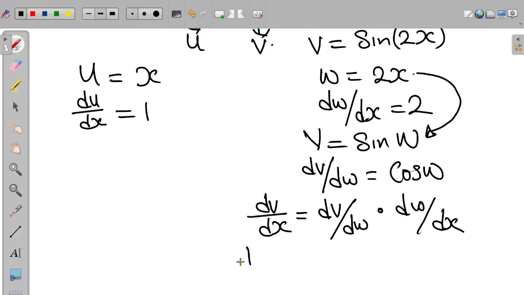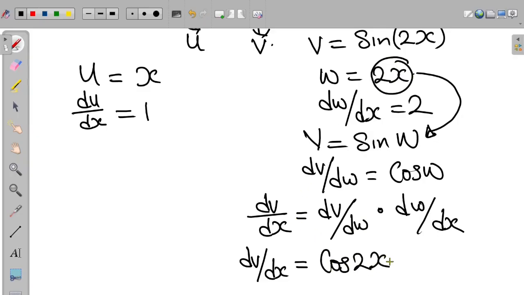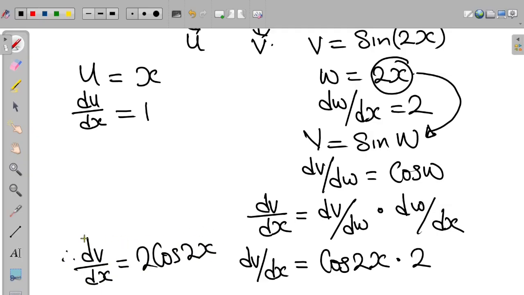So therefore, dv over dw is cos w, and w is 2x. So therefore, we have cos 2x. And also, dw over dx is giving us 2. So we have multiply by 2. So at this point, we have it that dv over dx is equal to 2 cos 2x.